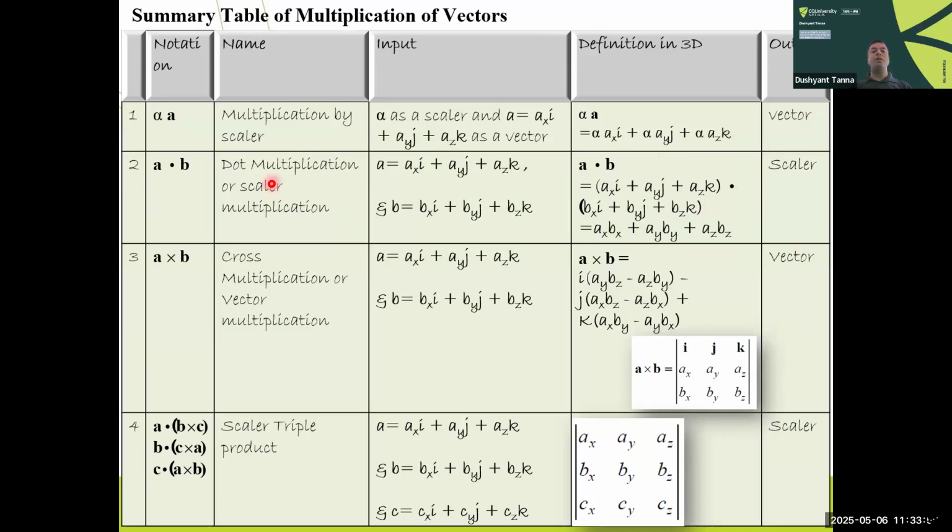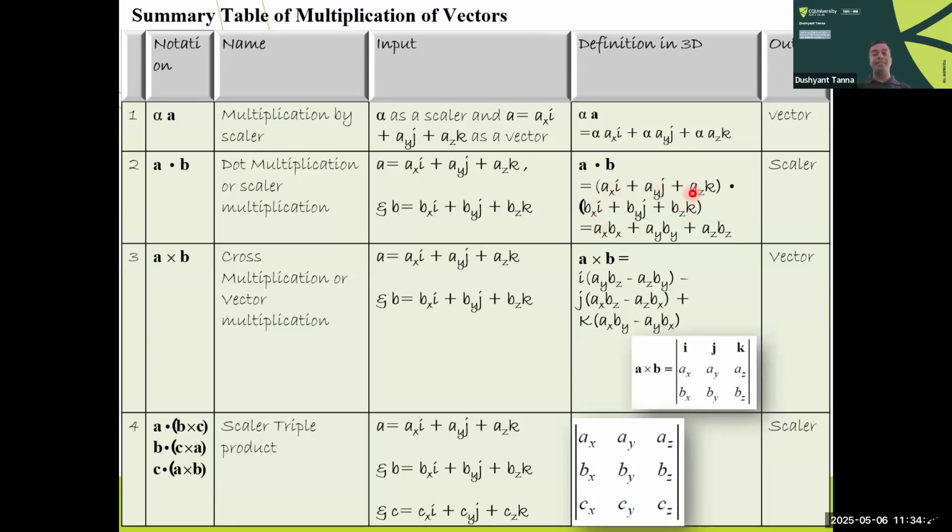Okay, A dot B: multiplication, dot product, or scalar multiplication, because the output is a scalar. So you've got vector A and vector B. I'm talking in 3 dimensions. If it is 2 dimensions, even easier. So what is it? AXI, AYJ, AZK dot BXI, BYJ, BZK.